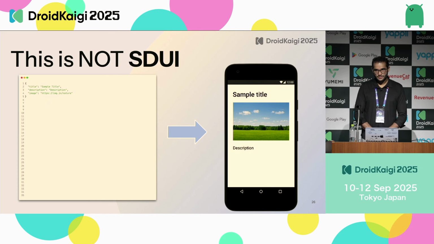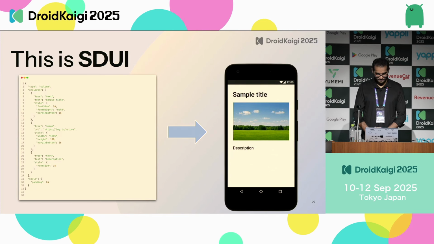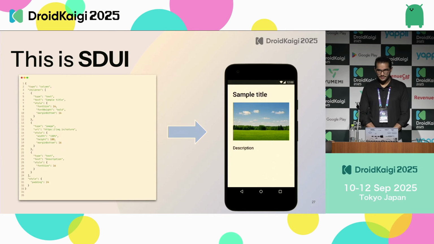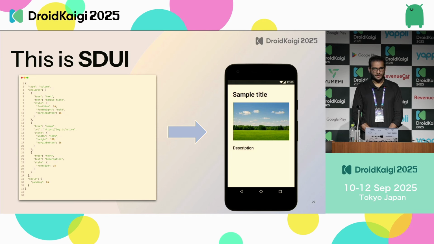Let's see how this same layout will look when it is built with an SDUI. This is how it will look. This is an SDUI. I know that JSON grows in lines, but the plus point is that you can make quick changes to the designs and content right from the server, and you don't have to redeploy the app.